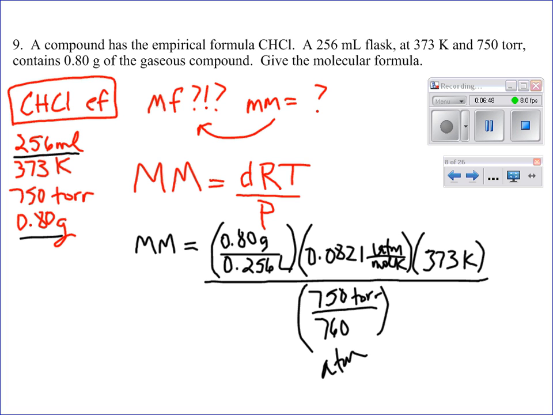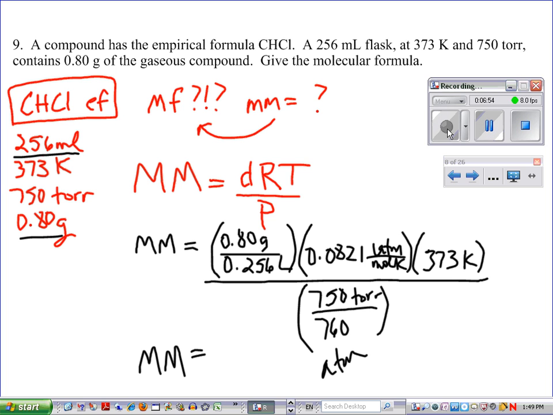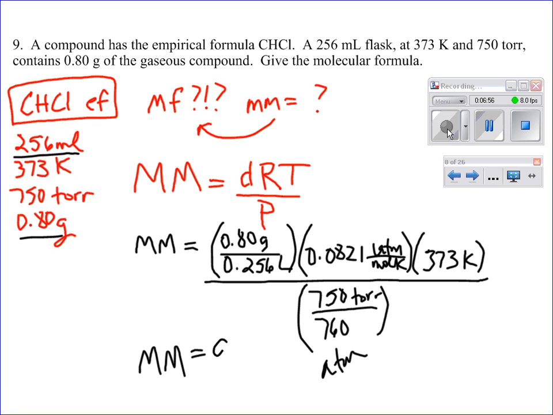So the molecular mass of this turns out to be 96.97 grams per mole. So that's the weight of the molecular formula, okay? Does anyone know what the weight of the empirical formula is? 48.46.